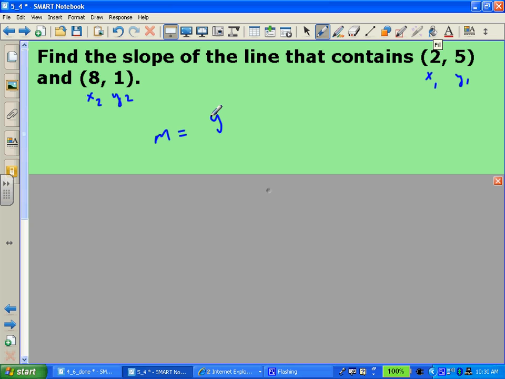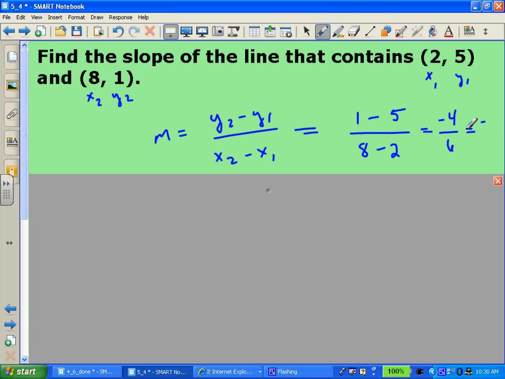So then in our formula, which if you'll remember is y2 minus y1 over x2 minus x1, we get 1 minus 5 and 8 minus 2. So then 1 minus 5 is negative 4, 8 minus 2 is 6, so then we get negative 2/3. And that would be our slope of the line.